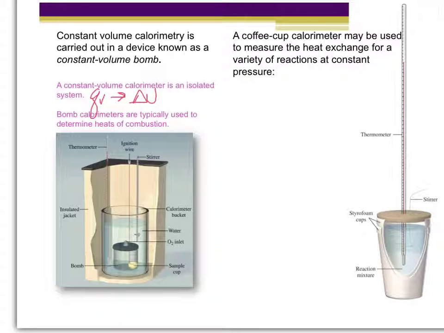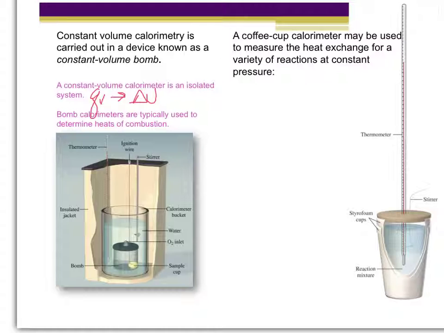So whatever heat transfer we get from bomb calorimetry is equivalent to measuring the internal energy. Heats of combustion, the amount of heat that accompanies the burning of some organic substance in the presence of oxygen to generate carbon dioxide and water, those heats are commonly measured in a bomb calorimeter.